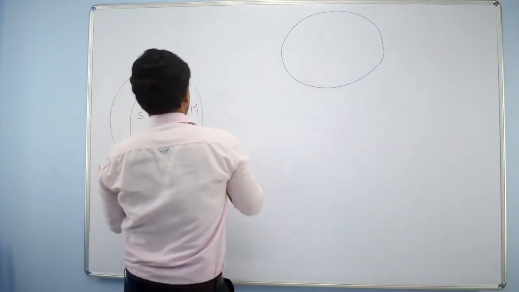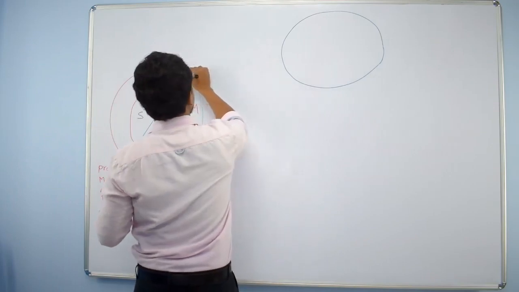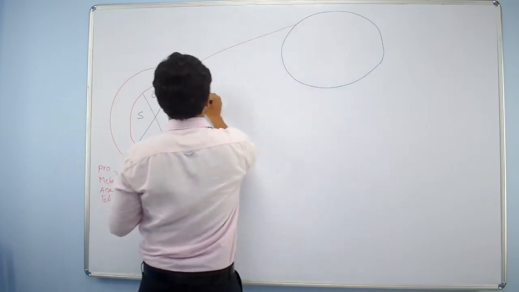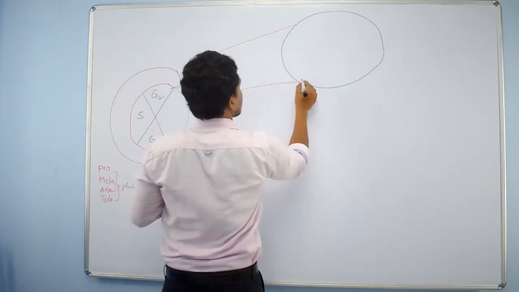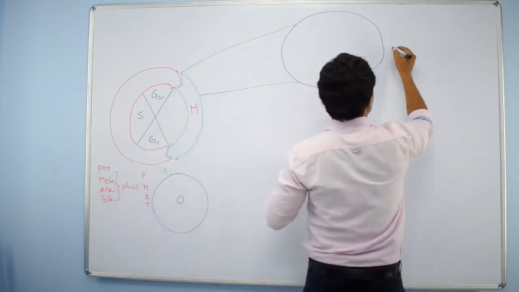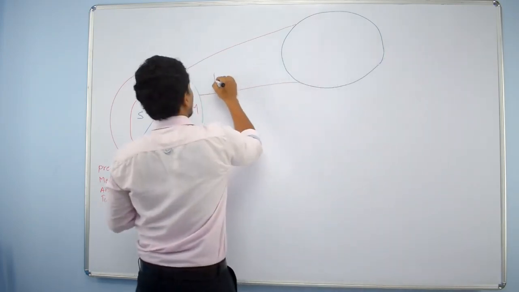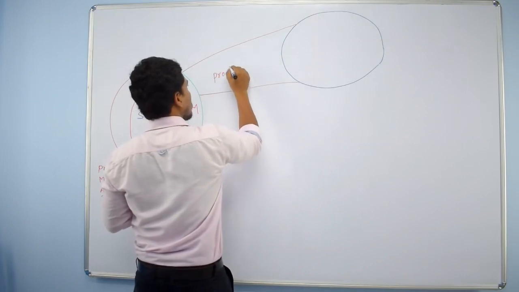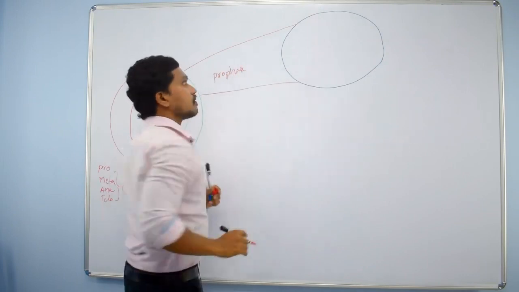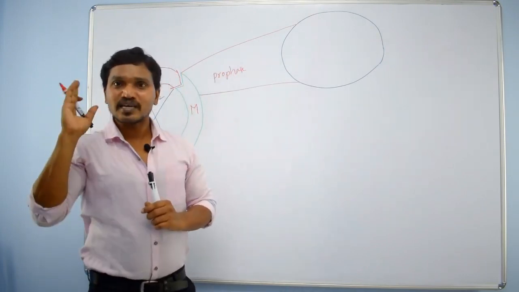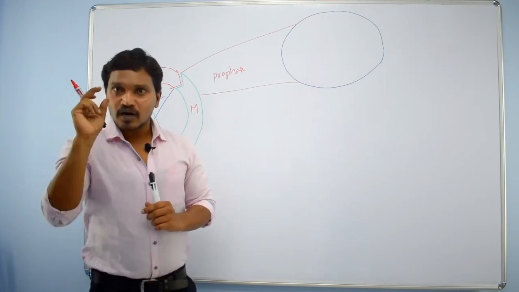Now this cell is in prophase. This is prophase. And what is the main change that will occur?